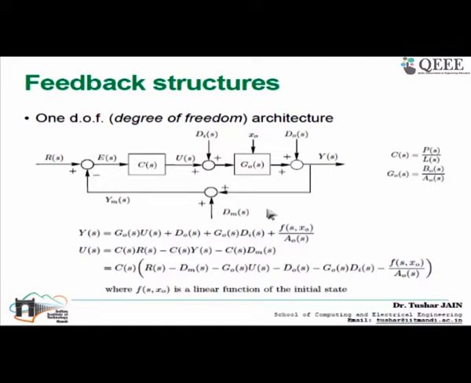Now the first question arises here: why am I only concerned with the input and output of the plant? Why not the other signals also? We have DI, DO, DM, U, E, R, Y. Like I said, the RS is given by the user, it's you who give the set points to the closed loop. You have the other disturbance variables over which you do not have any control; these are the free variables.